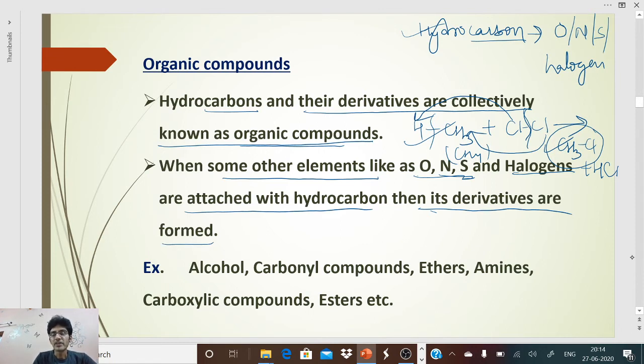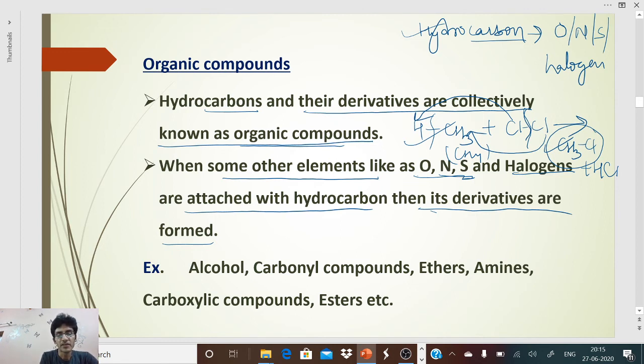So after the formation of the derivative, it is called the organic compound. It means in the hydrocarbon only carbon and hydrogen are present, but in the case of the organic compound, carbon, hydrogen, oxygen, nitrogen, sulfur, halogens are present in the compound. These are the organic compounds.